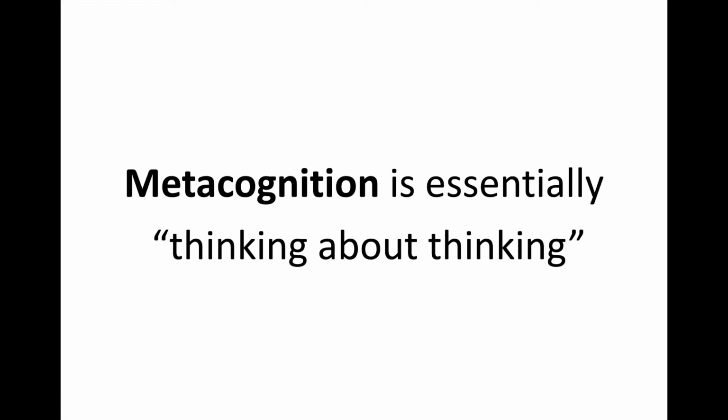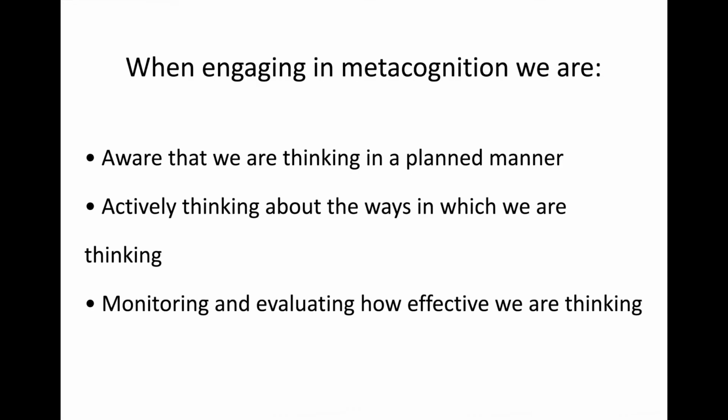So, metacognition is essentially thinking about thinking. When we engage in metacognition, we are aware that we're thinking in a planned manner, actively thinking about the ways in which we are thinking, and monitoring and evaluating how effective we are thinking.